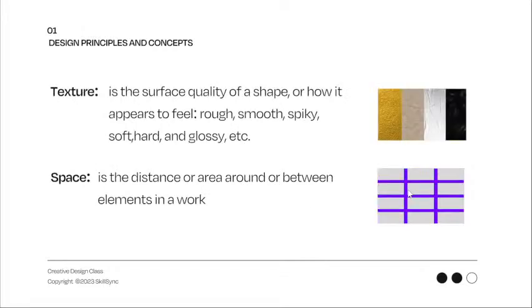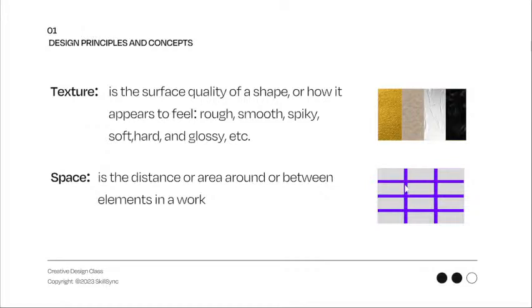And then we also have texture. Texture is how you want your surface to feel, how you want the design to feel. If you want the background to be rough, if you want it to be smooth, if you want it to feel like paper or cloth, if you want it to feel glossy, then this is what we mean by texture. And then we also have space. Space is the distance or area around an element or within your work.